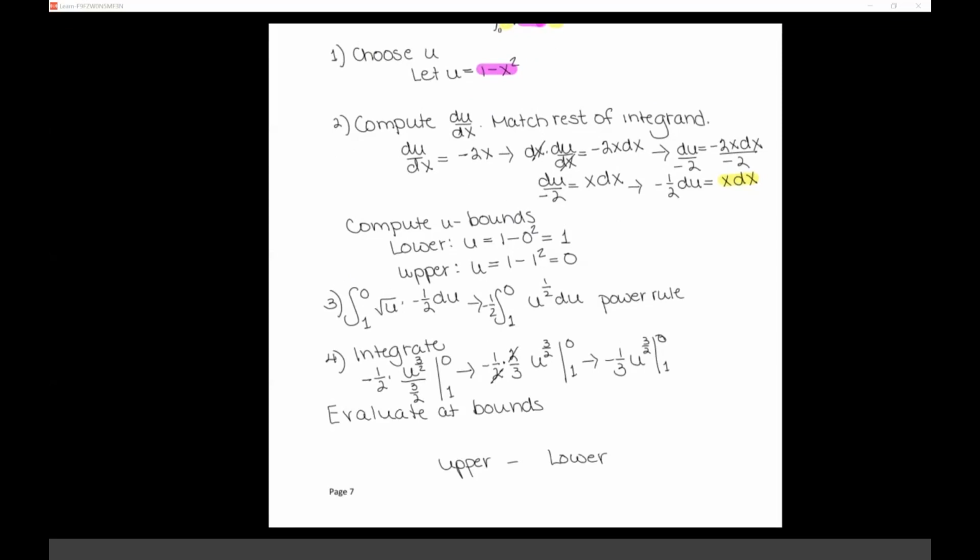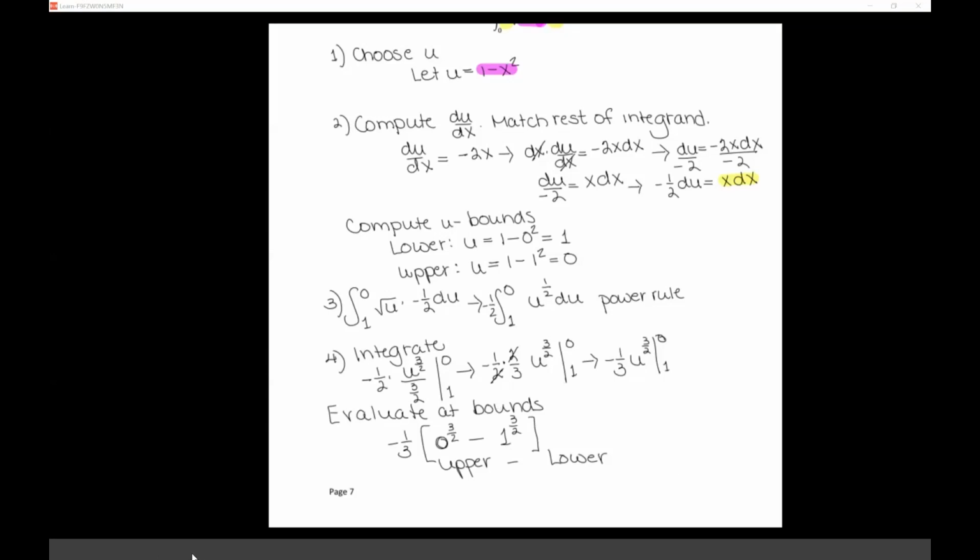It's always upper bound minus lower. So again, my negative 1/3 comes out front because it applies to both the upper and lower bounds. And now I have 0 to the 3/2 minus 1 to the 3/2. So upper minus lower.